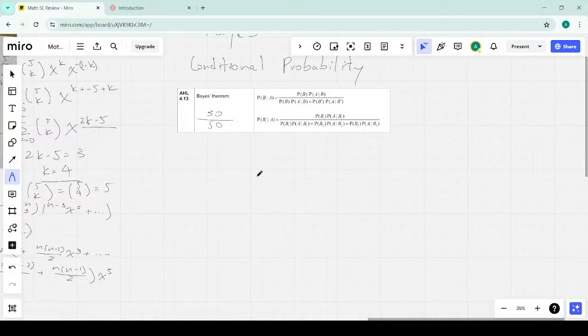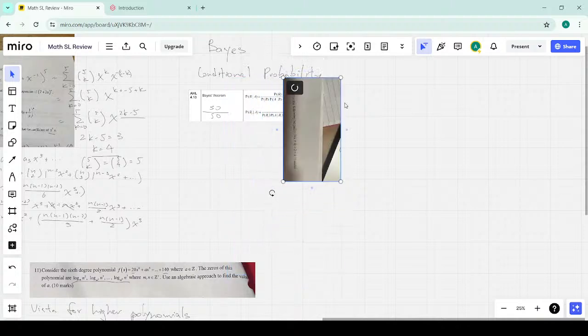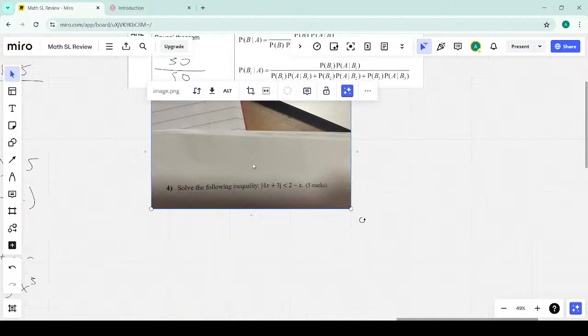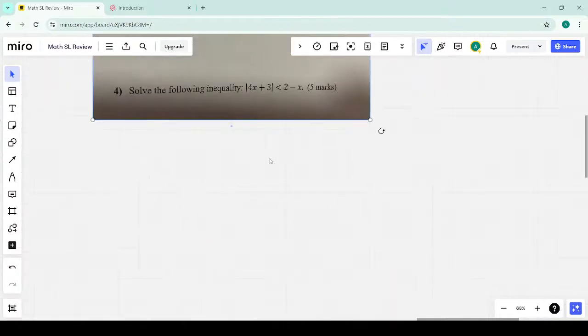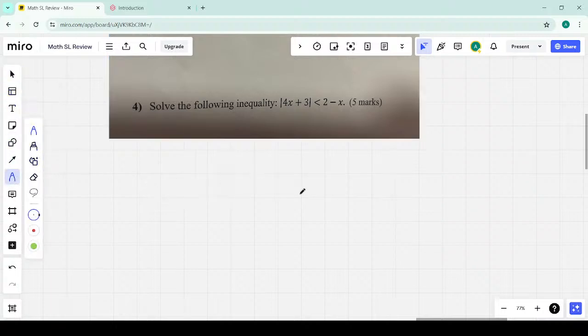All right, so we'll go over inequalities. Solve the following inequality: absolute value of 4x plus 3 smaller than x minus 2. With absolute value inequalities, you usually have to do casework, and you usually do casework based on when the sign changes.